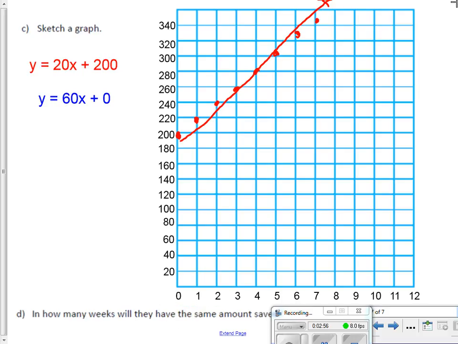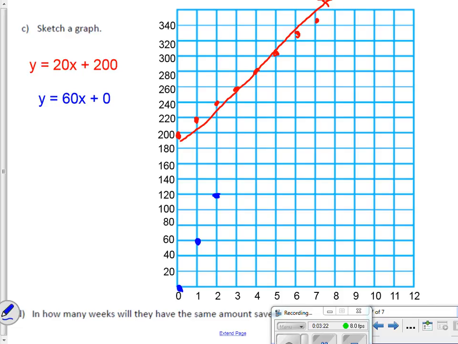Now for Brad, his is in blue again. After 0 weeks, so when he just started off, he doesn't have any money in there, so he's going to start down here. But again, after 1 week, he's going to be getting some money, because that's what he's putting in there. He's going to be up at 60. So he's putting in a little bit more than Jake was. So after 2 weeks, Brad is going to be all the way up at 120.